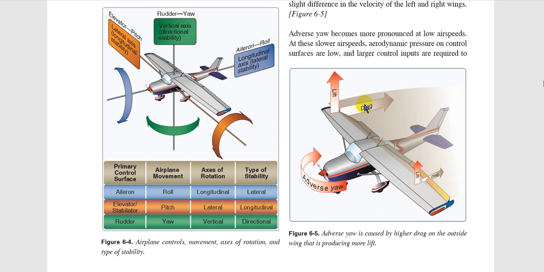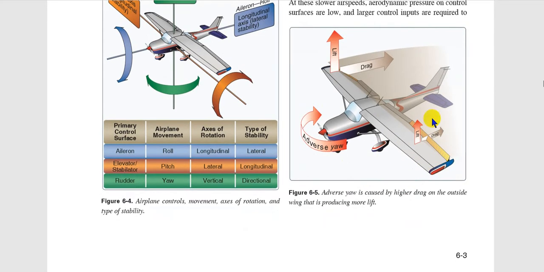Since we have more drag, there's like, say, one fat lady here, but then there's two fat ladies here slowing it down. And even though we're trying to make a left turn, this wing has less drag on it, and then what happens is it will turn right a little bit. And this is why we need to use rudder to yaw.